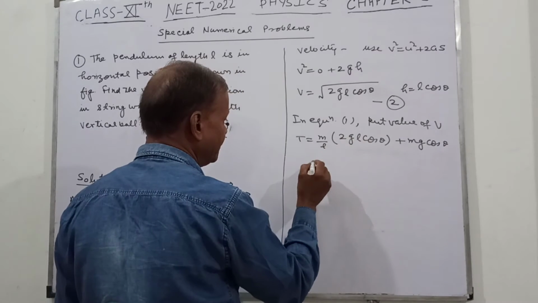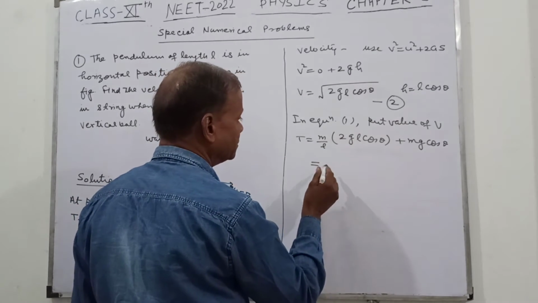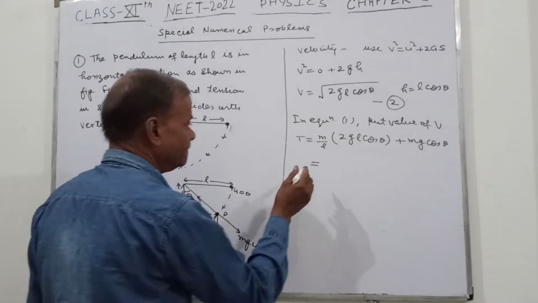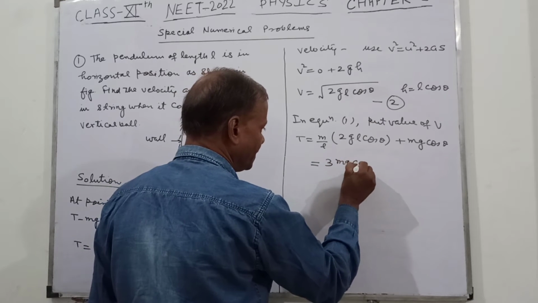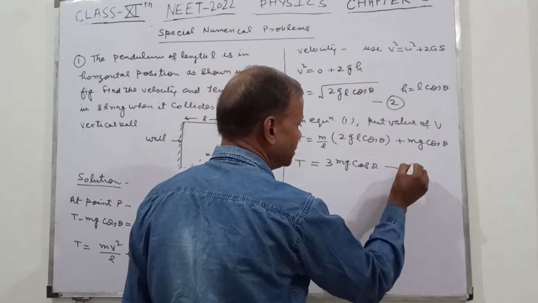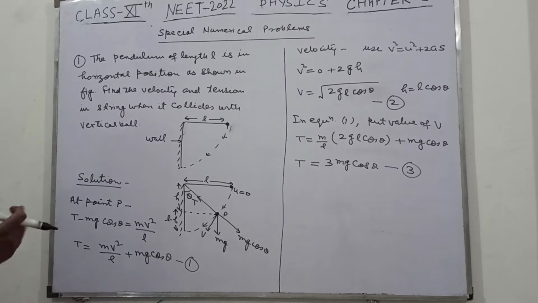The 2 L and L will cancel. 2mg cos theta plus mg cos theta is 3mg cos theta. This is T. This is equation number 3. Now you can find the tension in any position from here.